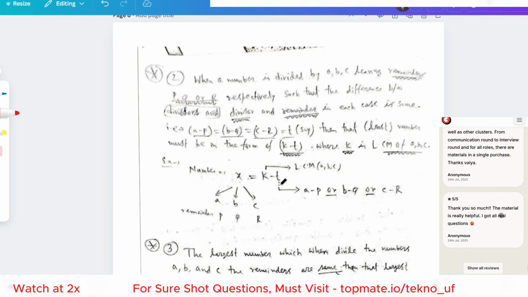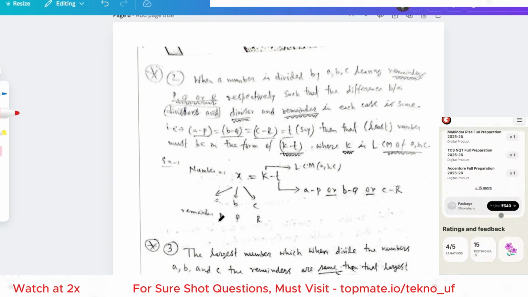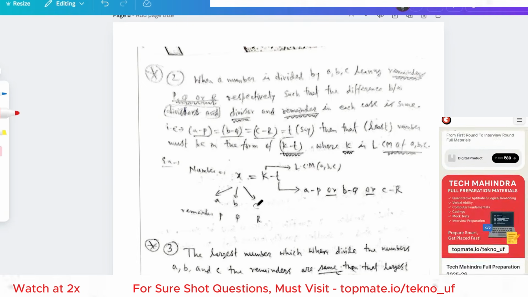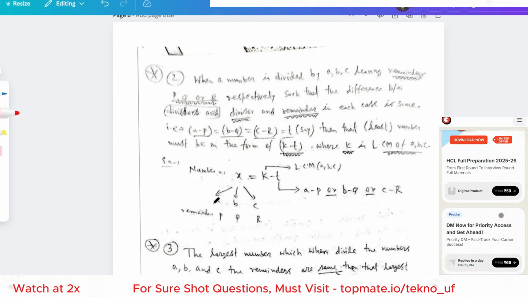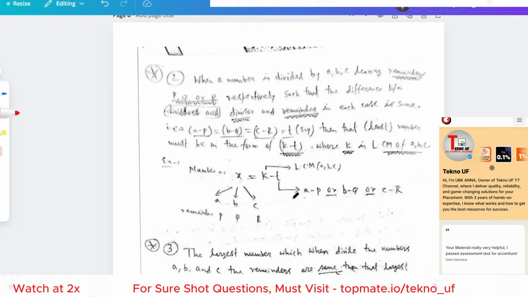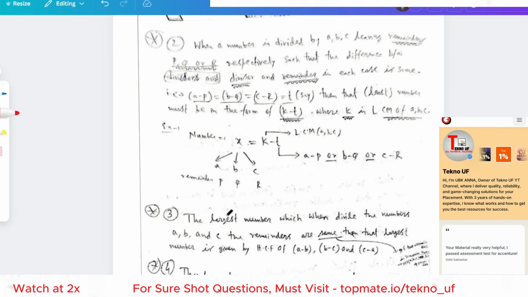What is t? t is a minus p, b minus q, c minus r, that means the difference between the divisor and the remainder. I hope you will remember the second scenario as well.